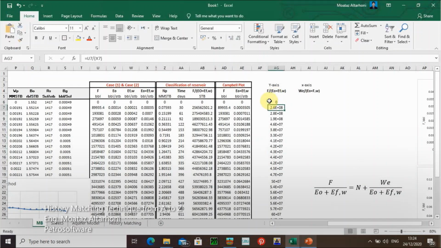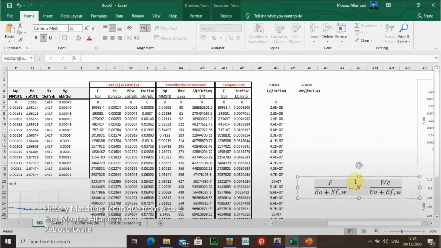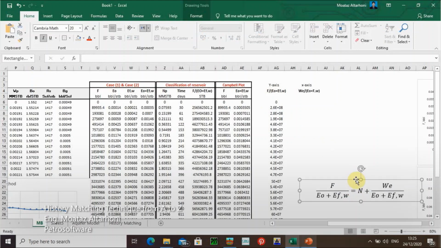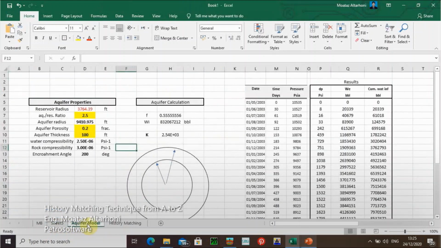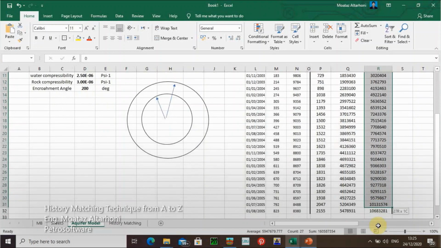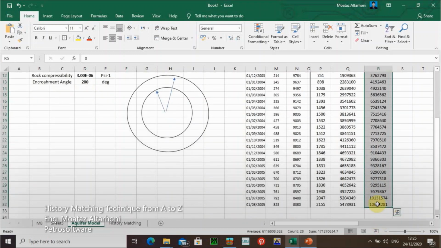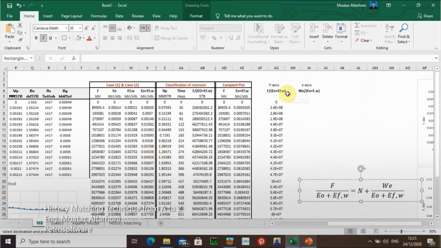This number will be 0, no problem. What's the value of cumulative? This is our value. I think it must be converted to million. I will do that.